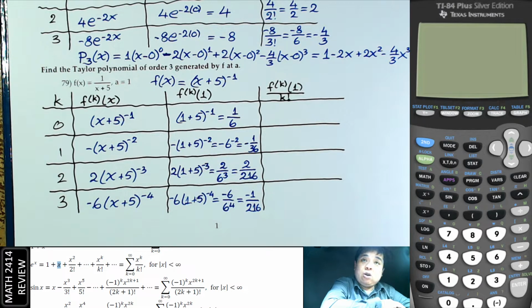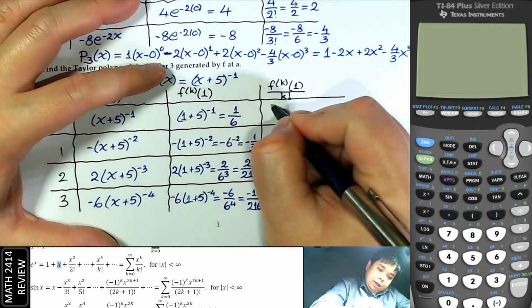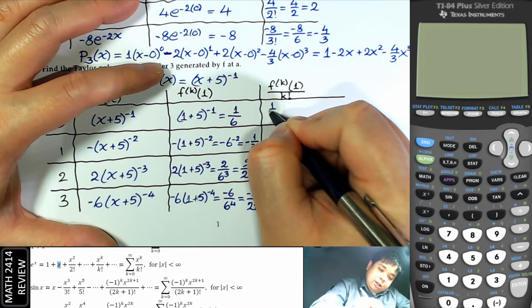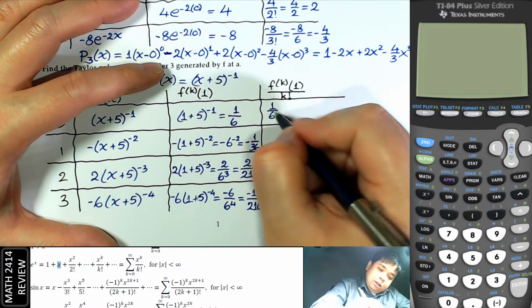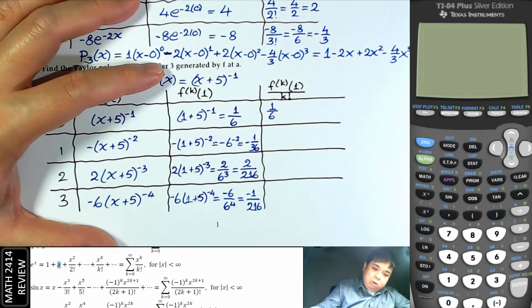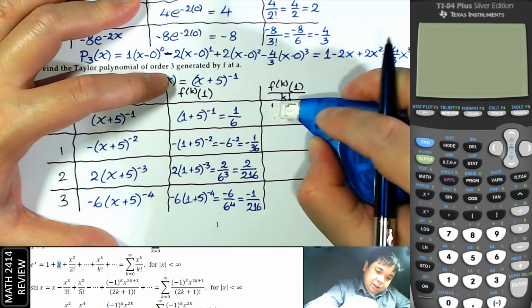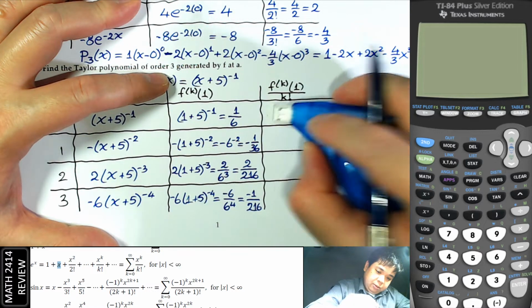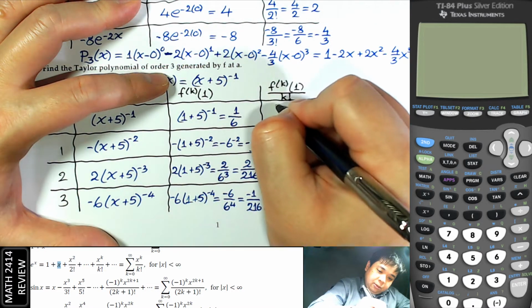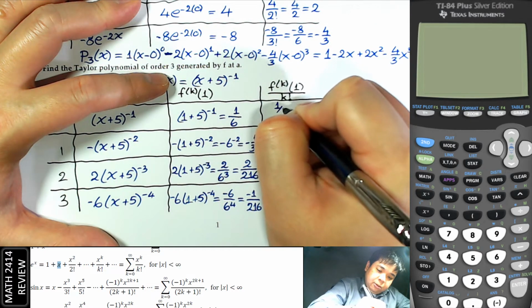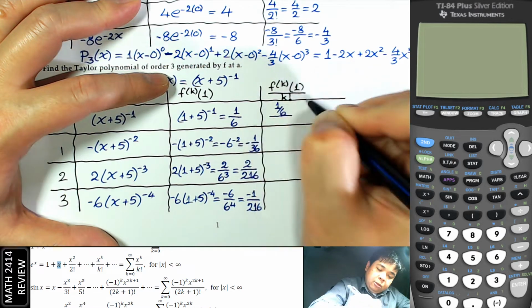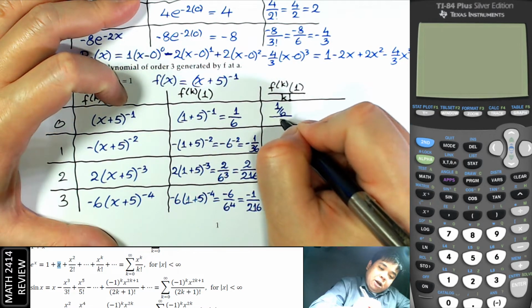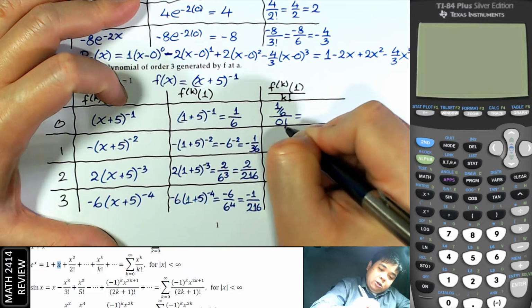Now divide by factorials. 1 over 6 divided by 0 factorial, which is 1. So that's the same thing.